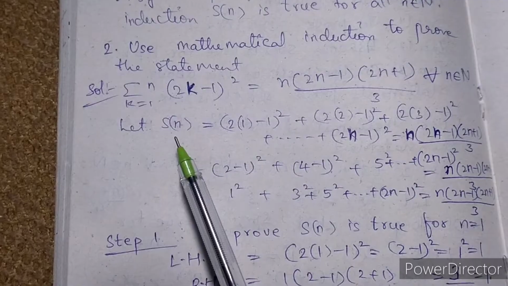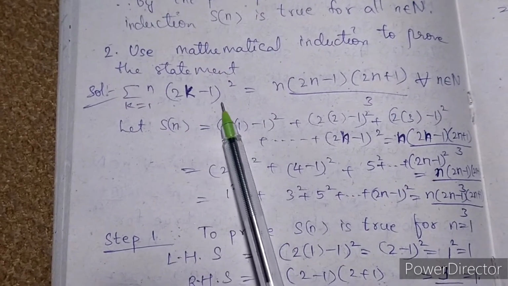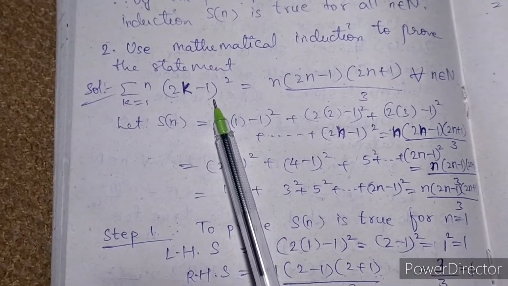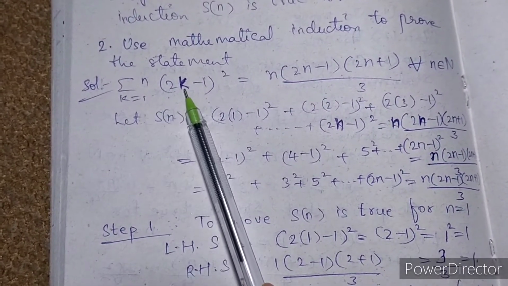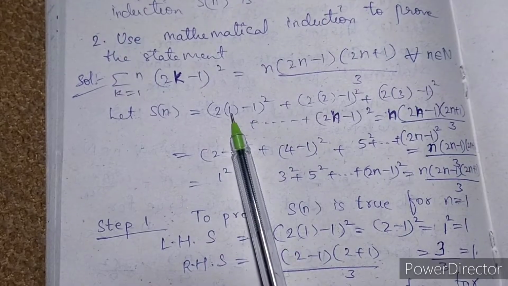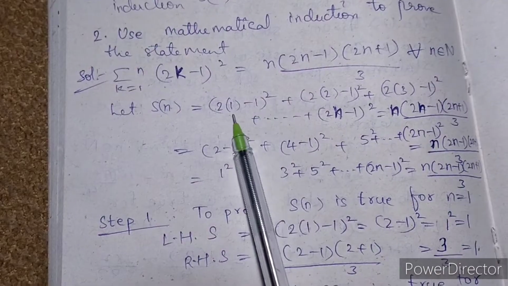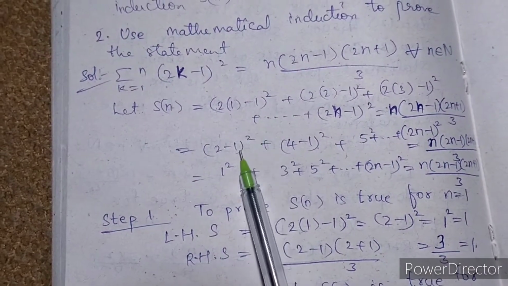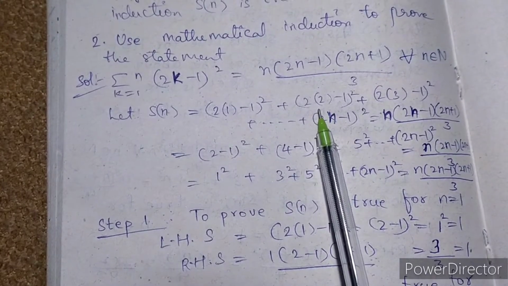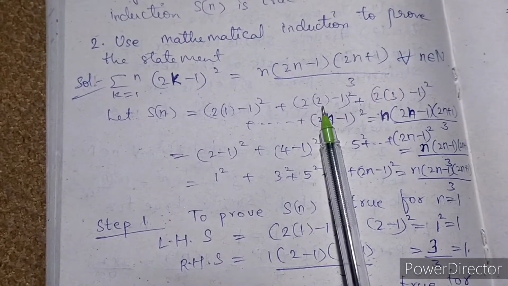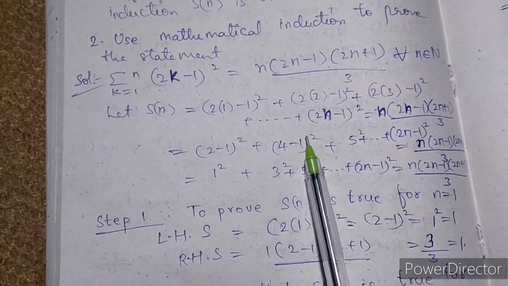Now for this, first we have to prove for n equals 1. Because it is in the summation format, we want to write it in normal numbers format. So we will substitute k equals 1 over here, and you will get (2 into 1 minus 1) whole square, that is 1 square, plus (2 into 2 minus 1) whole square, that is 3 square.